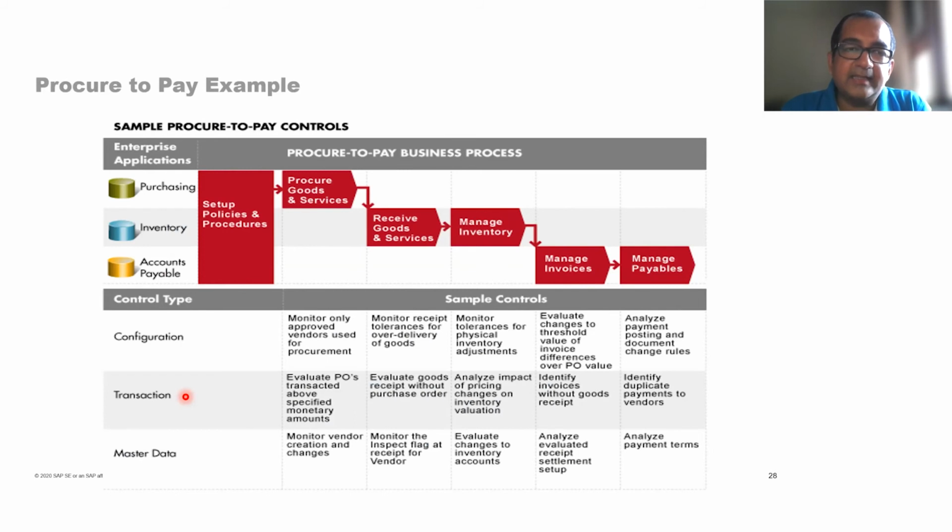Now, to give you a quick example, if I were to look at, say, procure to pay, there could be controls around configuration. There could be controls around the way a transaction should move through the procure to pay process. And there could also be controls around the master data, right? So this is a very simple library of controls. All of these controls are something that you can configure within your SAP Process Control system, right?